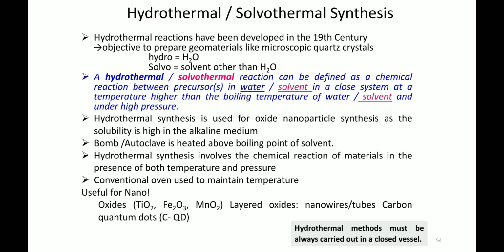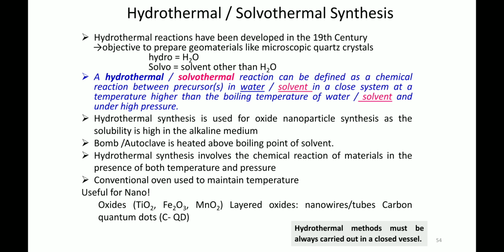If you see carefully, you will realize that we are initiating the chemical reaction at some pressure and temperature. Pressure is generated if the system is in a closed vessel. If you increase the temperature, the pressure inside the system is going to change.